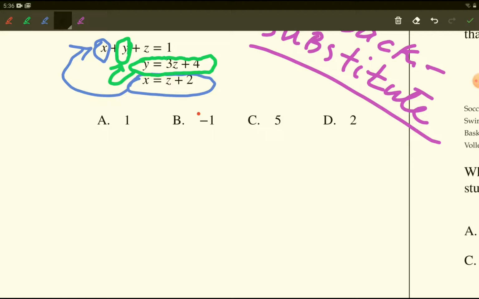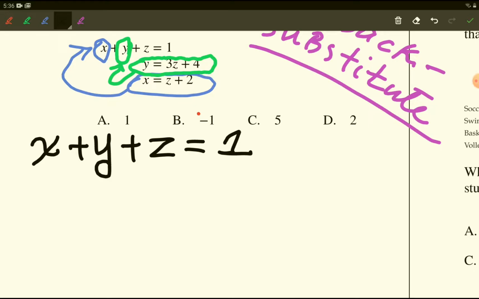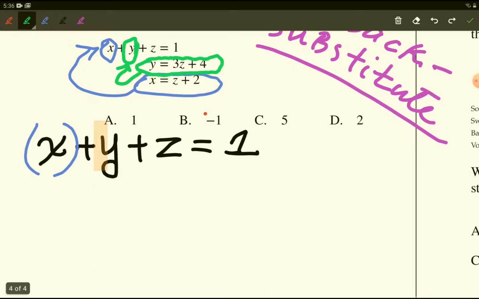So watch what happens. They said x is z plus 2. So first, I'm going to just rewrite the original first equation, using colors.